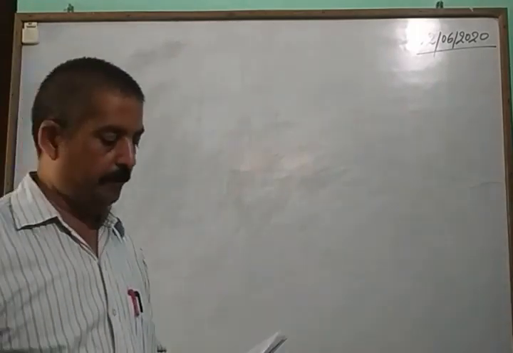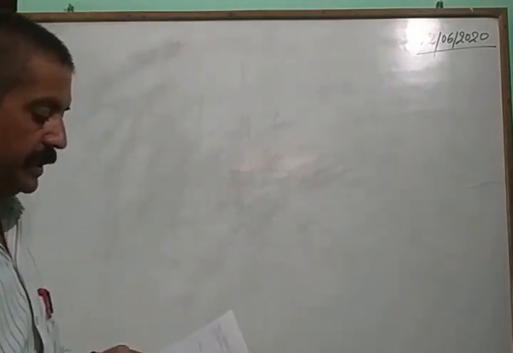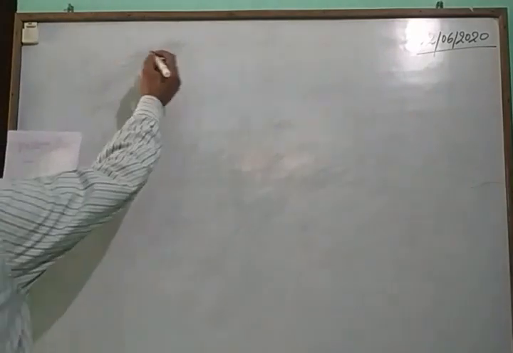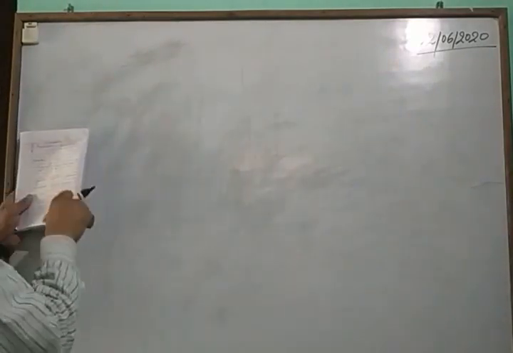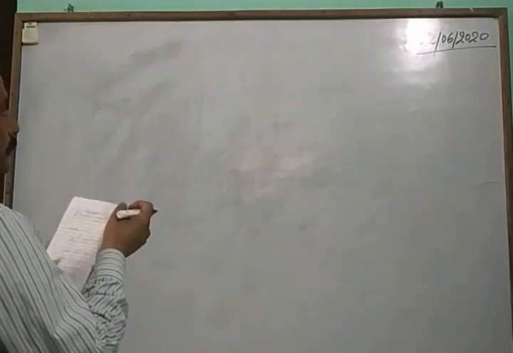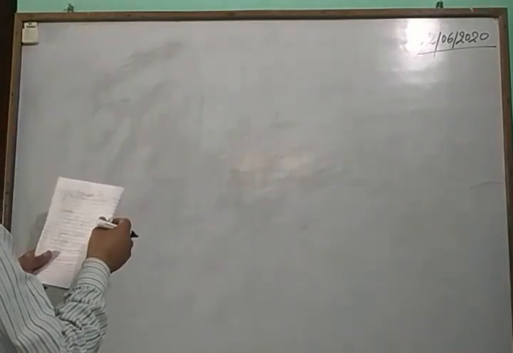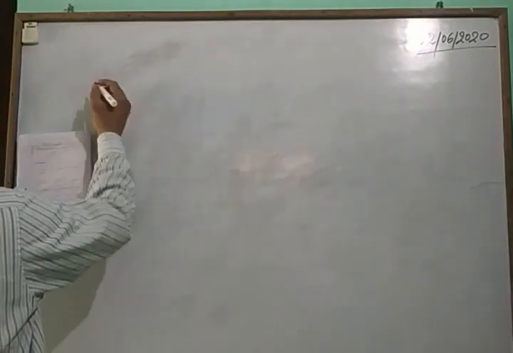So the first question given by some students is how to represent it, the representation. The second question has been given by one student on the chapter of the number system, that is the use of exponents and radicals.